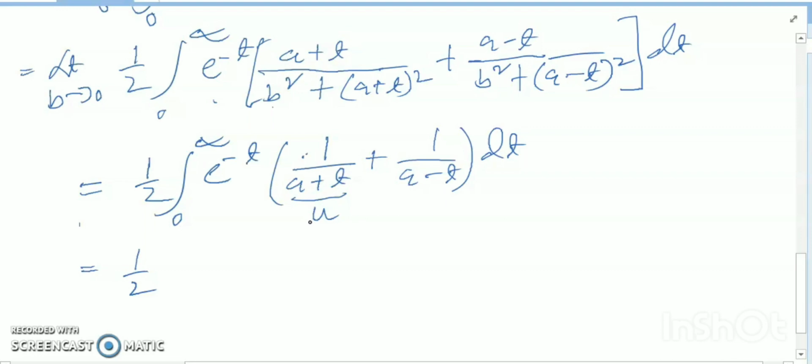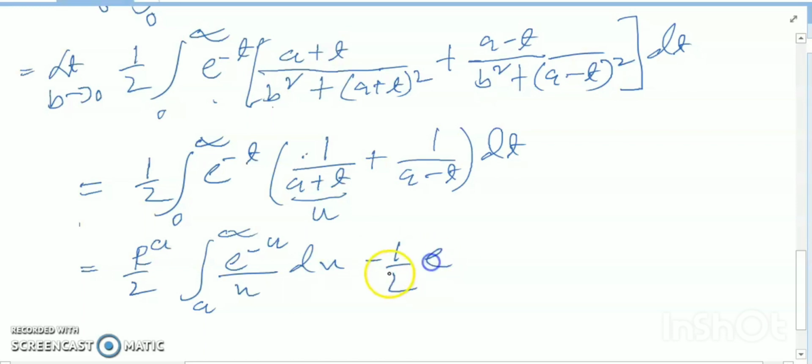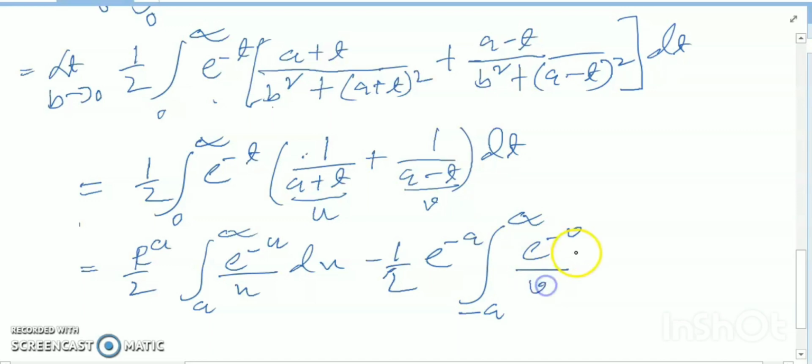So if I take a plus t equal to u, I get the integral from a to infinity of e to the power minus u divided by u du, and similarly minus half into e to the power minus a, and taking a minus t equal to v, I get minus the integral from minus a to infinity of e to the power minus v divided by v dv.